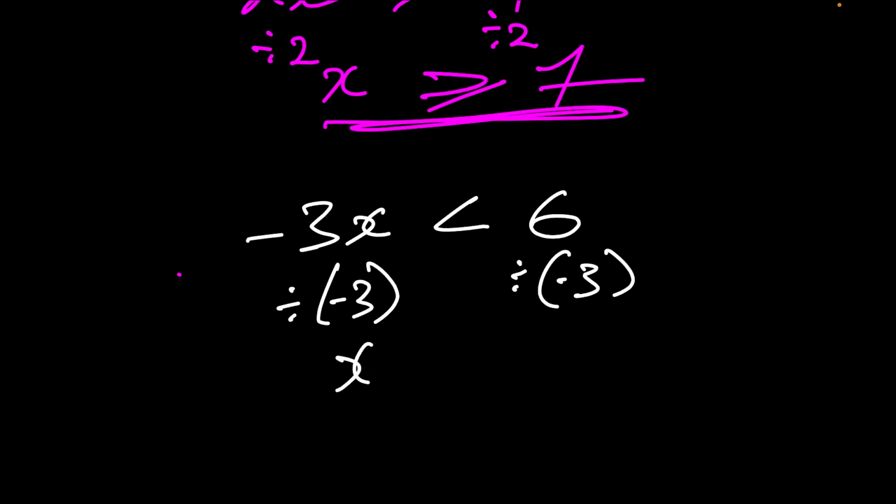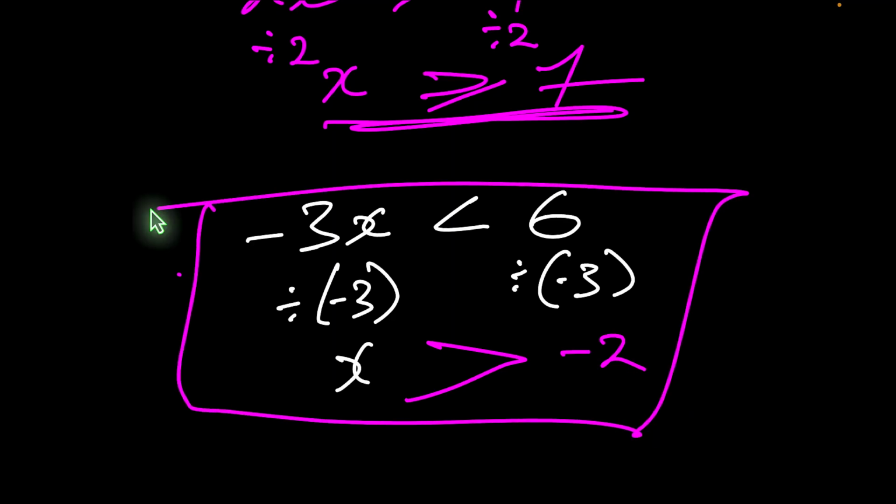So this will now be greater than, okay? So it's greater than negative 2. So just remember that this is an exception where we reverse the symbol if the multiplier here is negative. That's the only exception. That's it. Nothing more. Okay? We're going to build on this now.